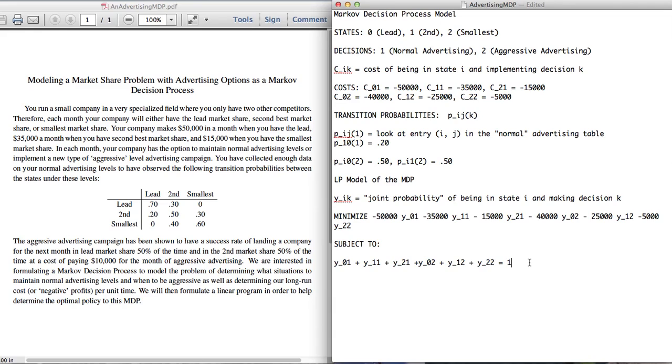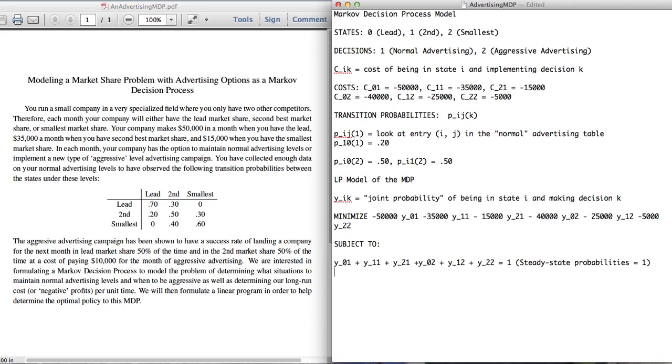So this is the traditional constraint that steady state probabilities have to equal 1. And then the next constraints we need to look at are, for each of the states, that the probability of being in that state is equal to the probability of transitioning into that state.